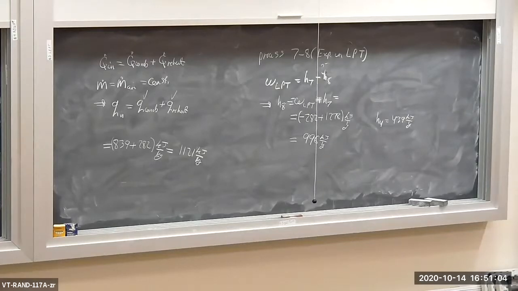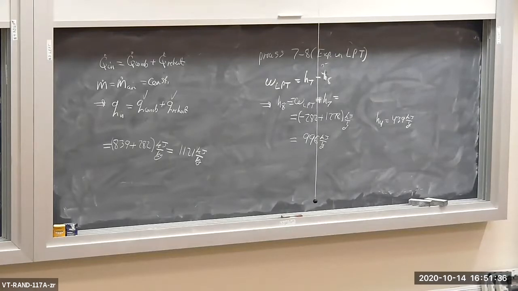And I get the heat transfer, 996 minus 439 times 0.75, and I get 417 kilojoules per kilogram. So Q regen is equal to 417 kilojoules per kilogram. Okay?